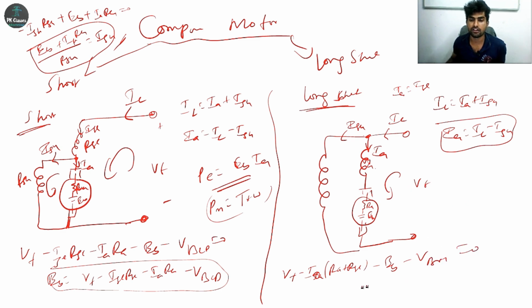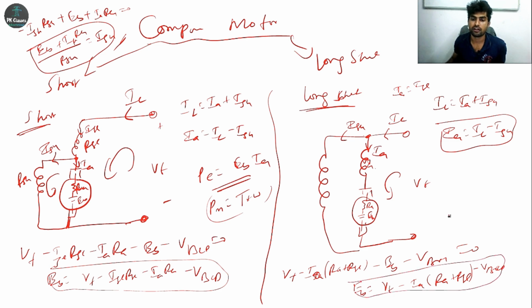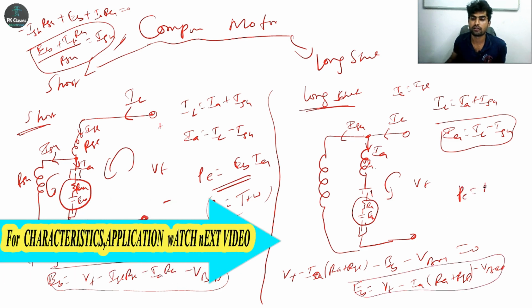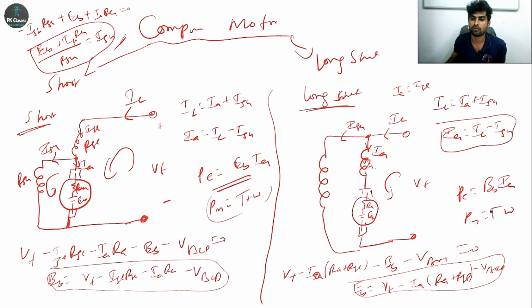Finally, we got EB is equal to VT minus IA, common outside, RA plus RSC, minus V brush contact drop, right? This is EB. If you want to calculate electrical power, that is EB into IA, PM is equal to T into omega.